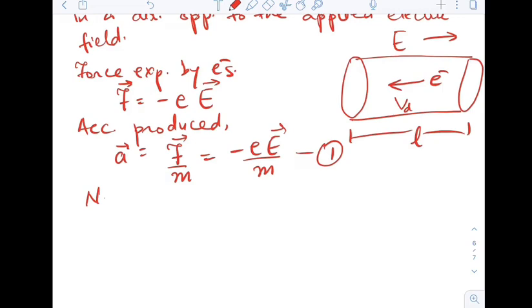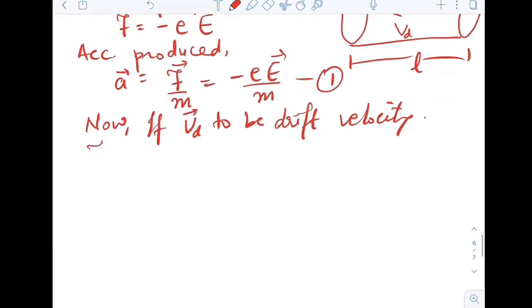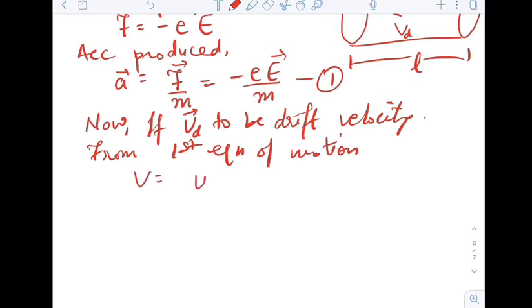Now if I consider Vd to be the drift velocity, then from the first equation of motion, we know that the first equation is v equals u plus at.